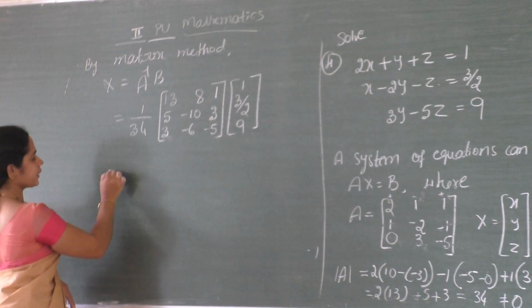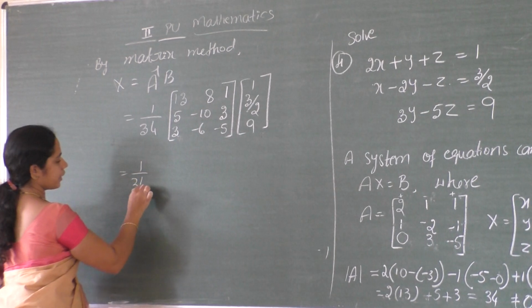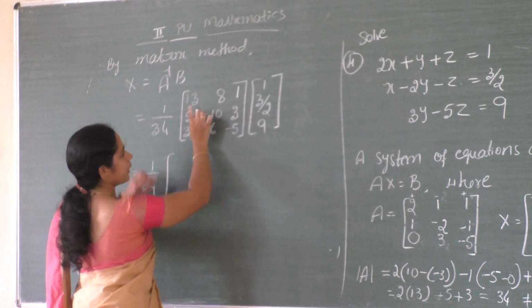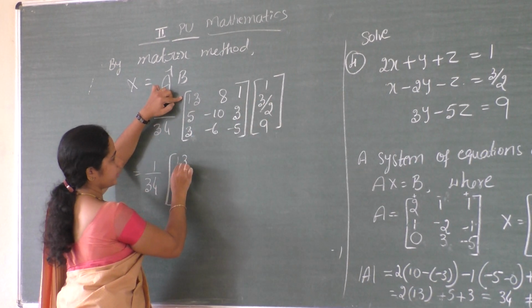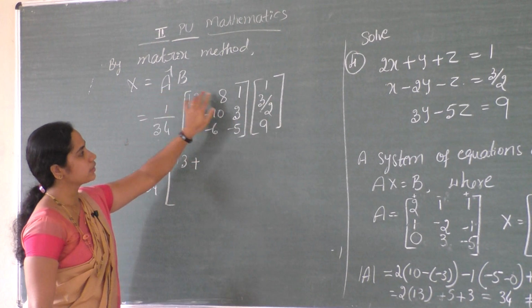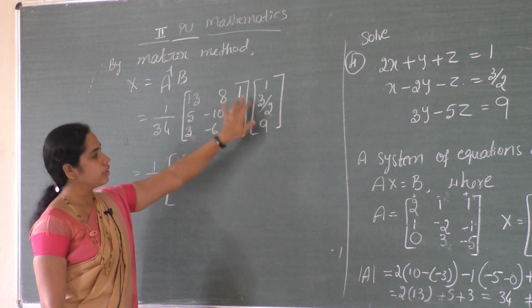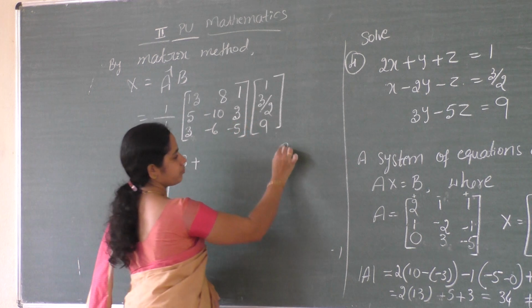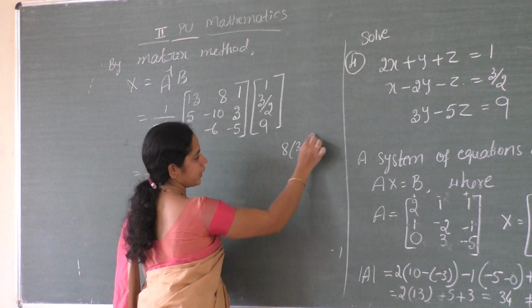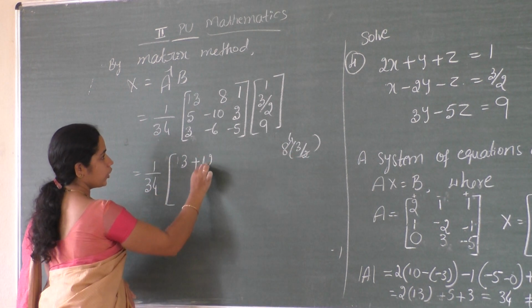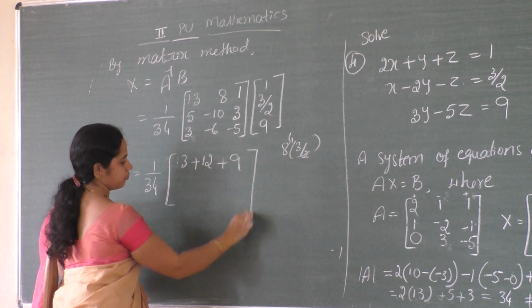Okay, this is equal to 1 by 34 right outside. Multiply the values now. 13 plus 8 into 3 by 2, 2 4s are 4 into 3, 12, plus 9.